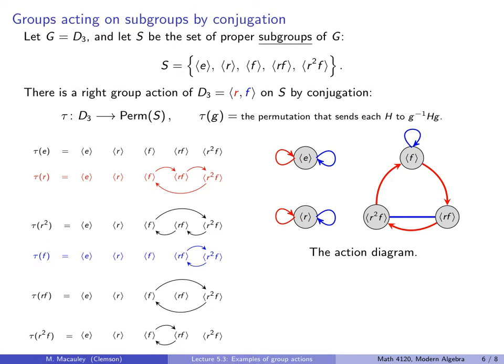Tau of r squared. If you press the r squared button, then this is the permutation that results. Tau of f. So let's conjugate by f. So obviously, the subgroup generated by the identity, the trivial one, is normal, as is the subgroup generated by r. That's normal. But also here, even though the subgroup generated by f is not normal, if you conjugate that by itself, let's do it down here.